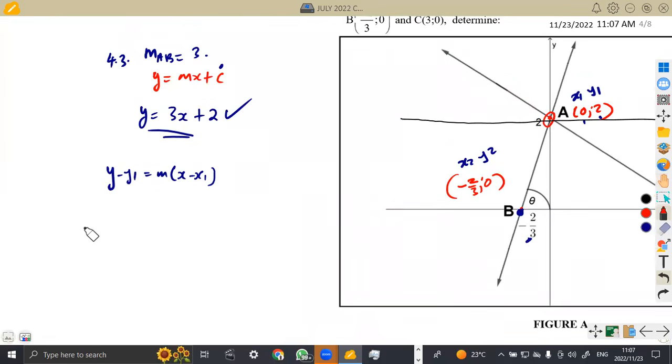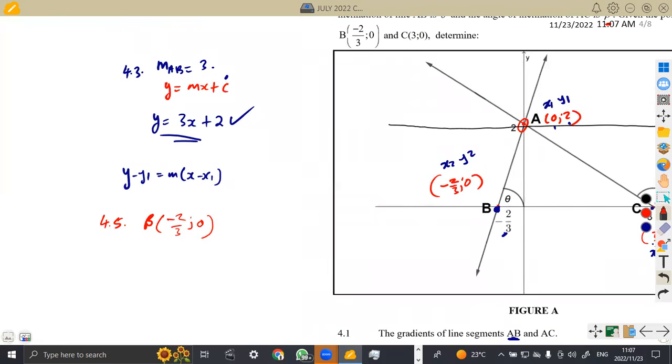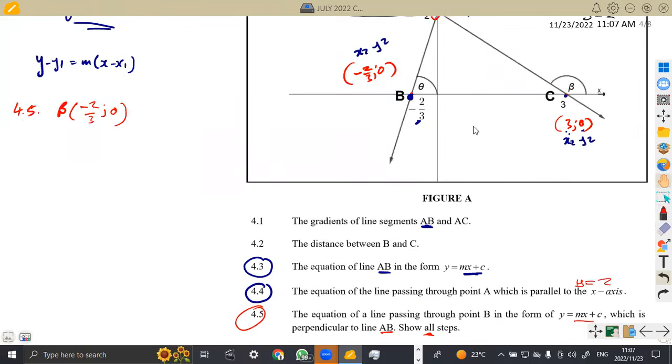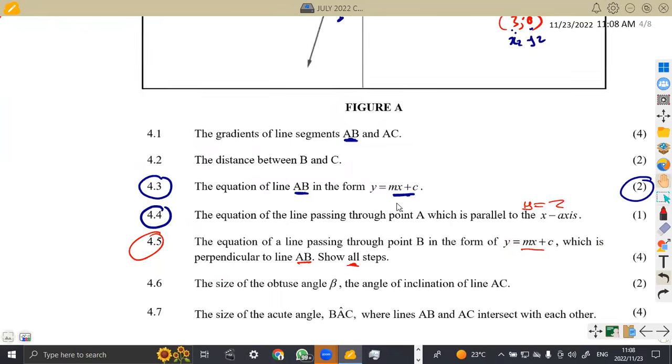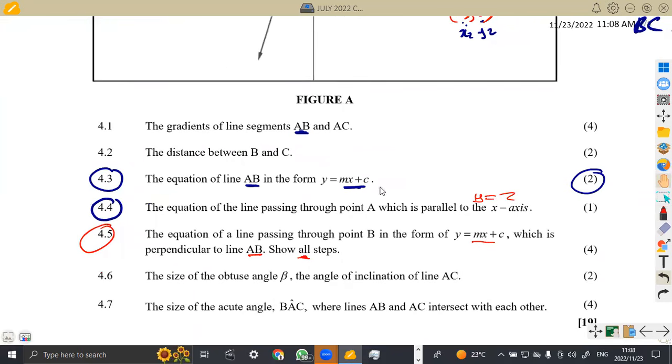This is 4.5. So the point B, we've got our point B, that's negative 2 over 3, 0. And we are told that this line is perpendicular to line AB. Let's check again our question. The equation of the line passing through point B in the form of y is equal to mx plus c, which is perpendicular to AB.